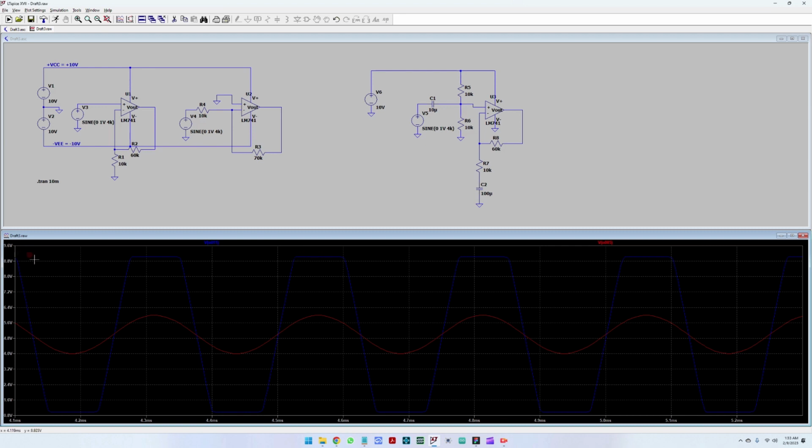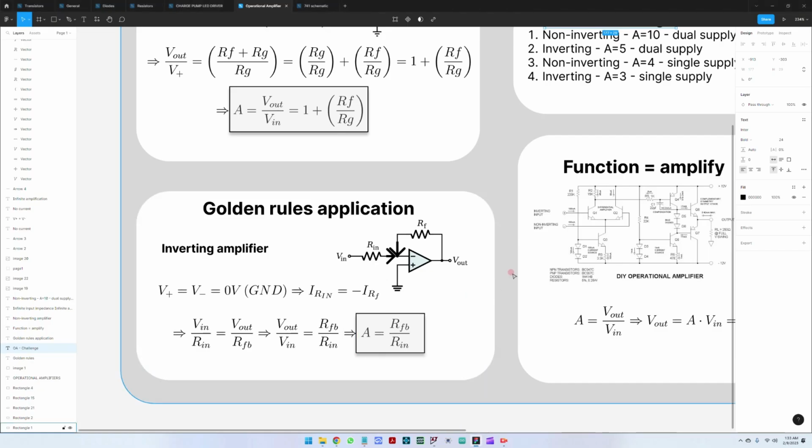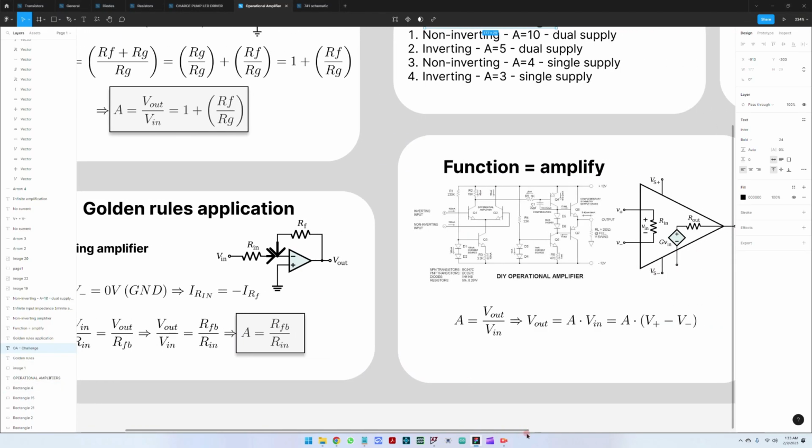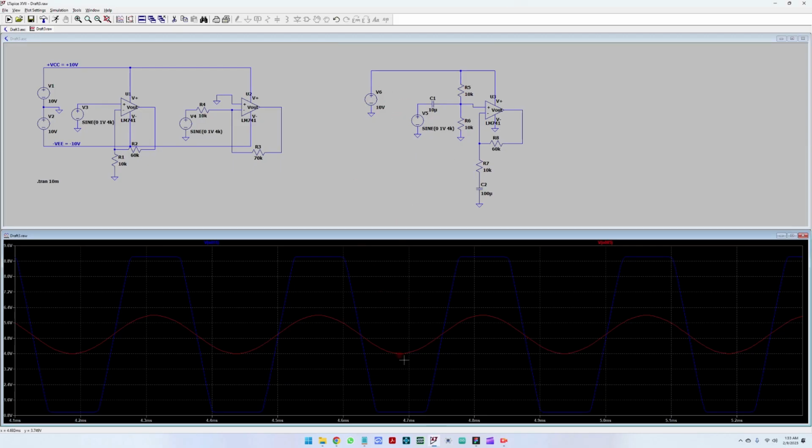And of course, it cannot go to 10 volts because, as we've discussed here, it also has the driving circuits here. Sometimes you will find current mirrors, so it would not be able to reach the 12 volts in this case, and in our case the 10 volts, and it's quite squished here.